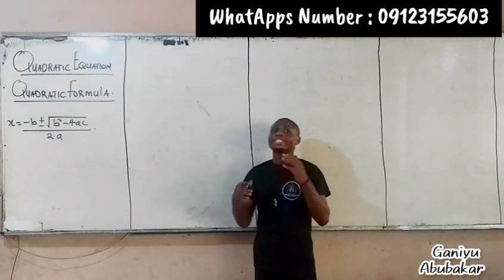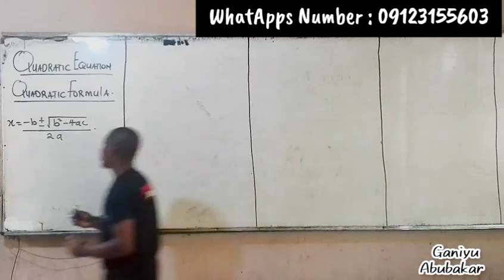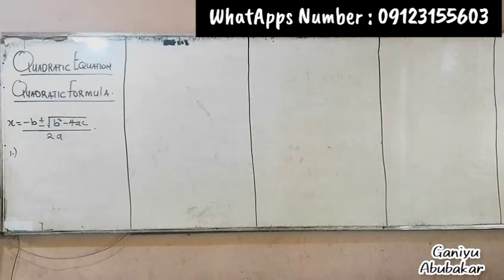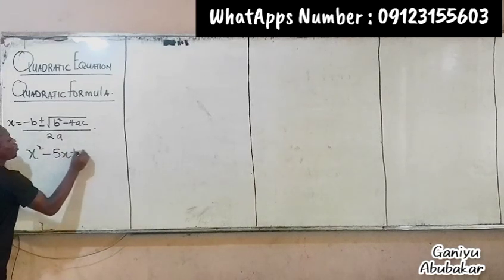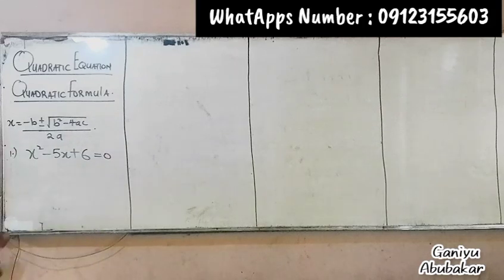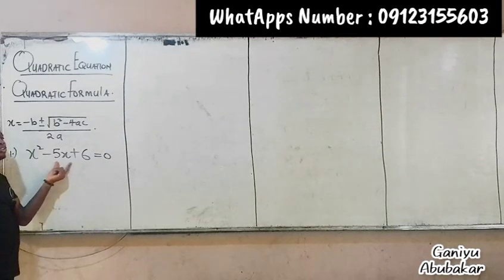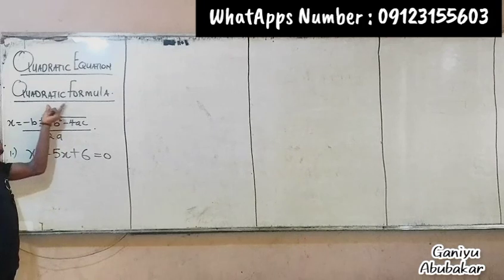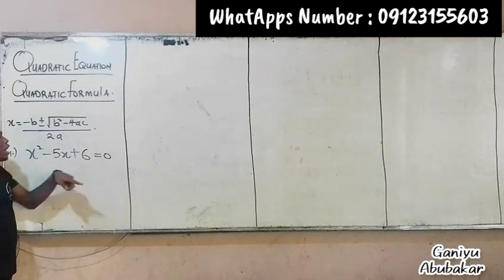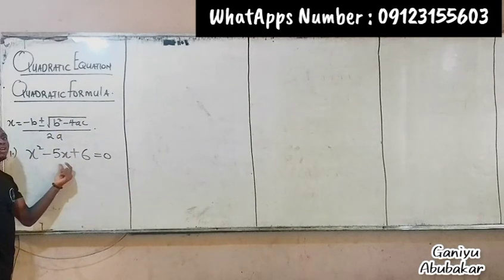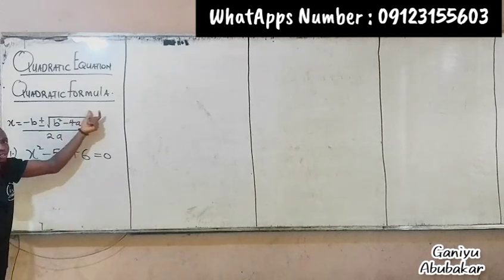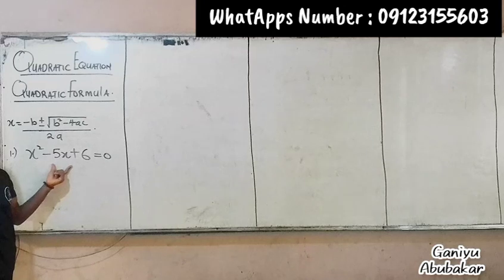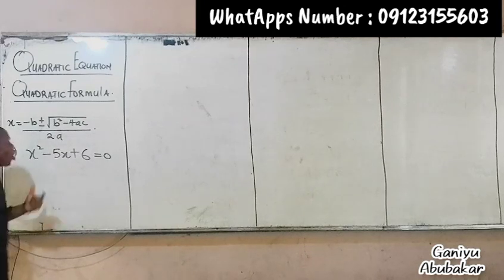Sample problem 1. Let's say I'm told to solve x squared minus 5x plus 6 is equal to 0. I'm going to solve this quadratic equation via the quadratic formula. Your first task is to get a, b, and c.